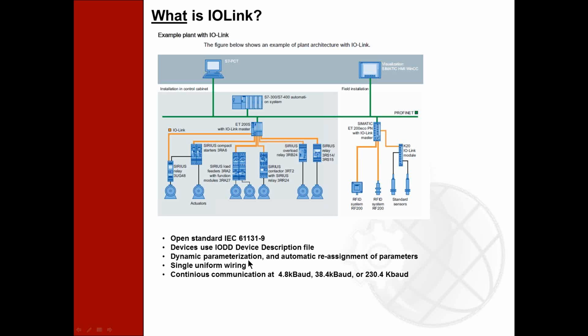So you can do dynamic parameterization and automatic reassignment of parameters through IO Link. You have single uniform wiring, continuous communication at different selected baud rates. Some of it's fixed based on your master. Some of it is dependent on your cable length. Some of it is dependent on your devices.